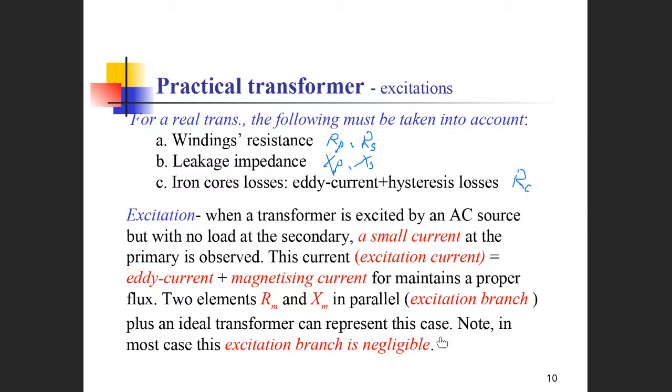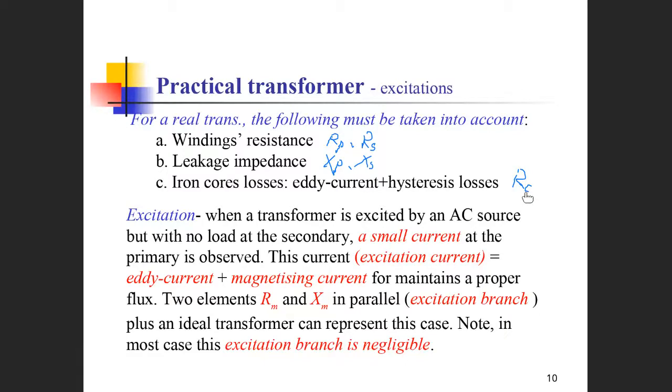So anyway, the excitation branch is described by using the core losses and mutual reactance. In different books there are different symbols. Here, when we use RC, this refers to the primary.